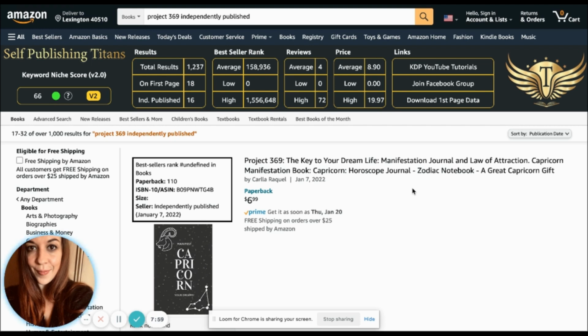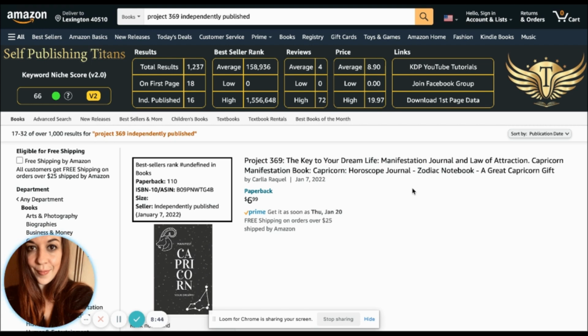I think most of all, sometimes the most helpful can be searching again, lastly, under independently published, and that is checking out all of the books that are independently published under that keyword, because you'll often find a lot more books selling that do have that keyword in their title or subtitle, but that are not showing under books or all. The reason being, those books are actually ranking for a completely different keyword at that point.